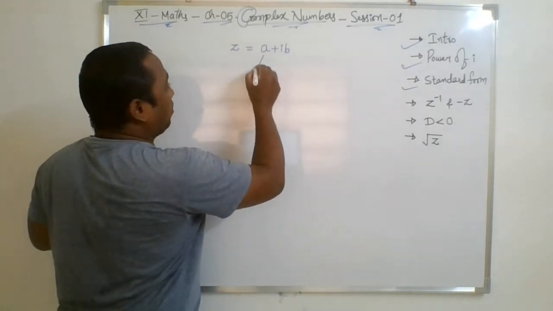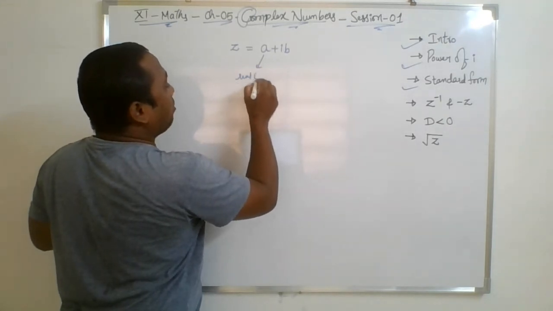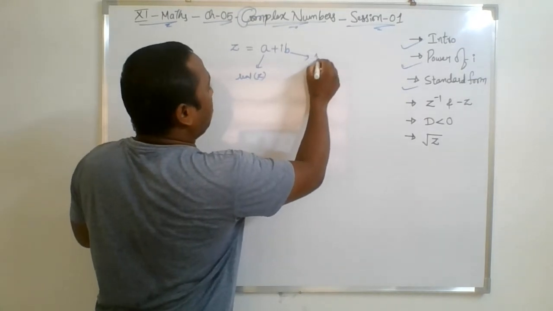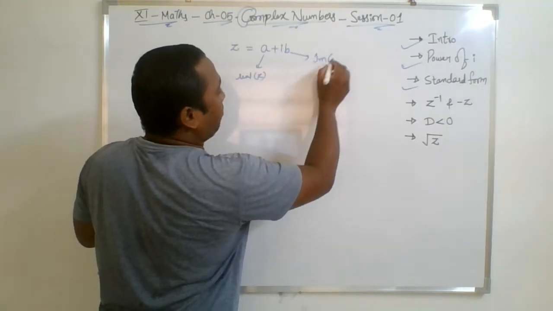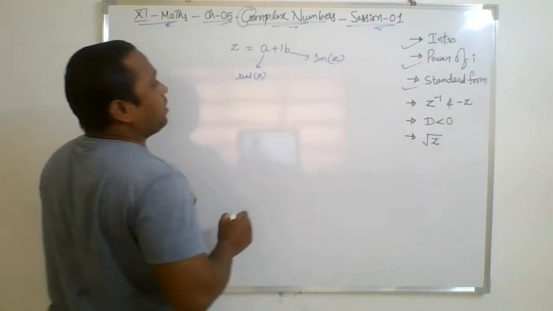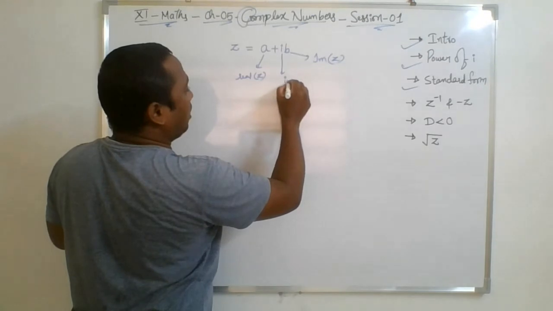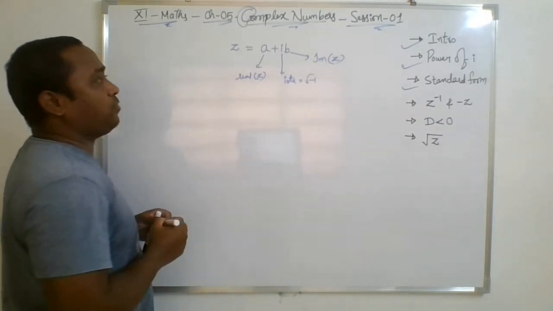What do we call a? Real part of z, and b is called the imaginary part. So in short we write Re of z and Im of z. And i is called iota, whose value is under root of minus 1.